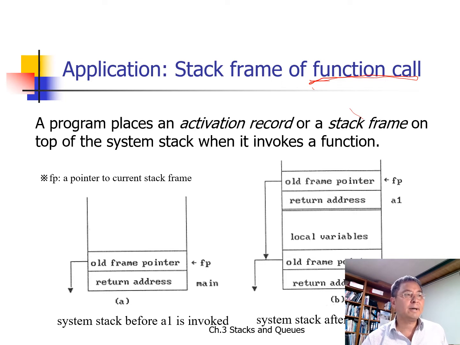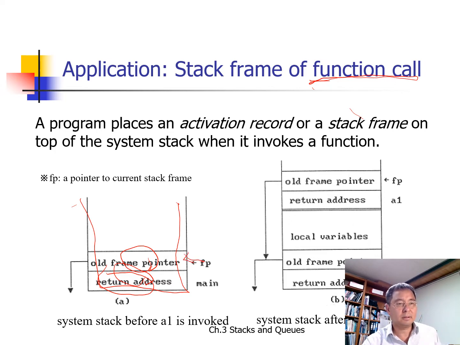Every time a function is called in C, all of the function's data is stored in the stack. The return address of the function and the frame pointer are stored in this stack.